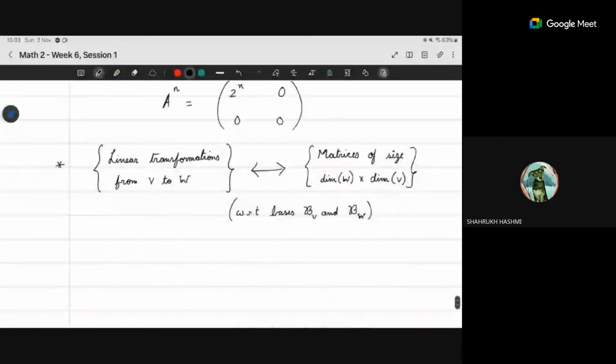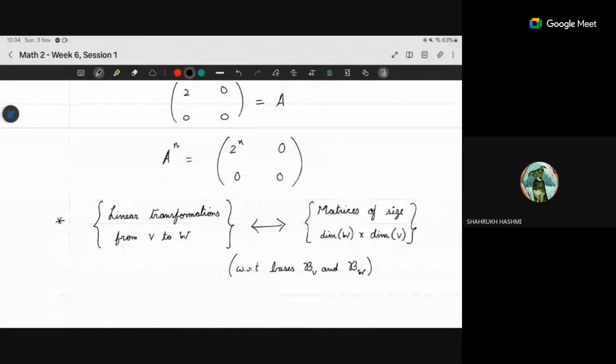So this is the high point, which says that linear transformations and matrices are the same. In the background, there is this condition that you have to specify the basis. But once you are given two bases, a linear transformation is nothing but a matrix. That is one of the parallels which is very important.